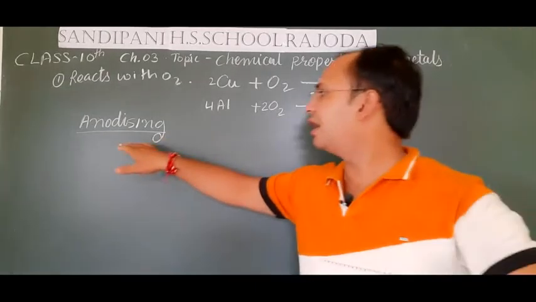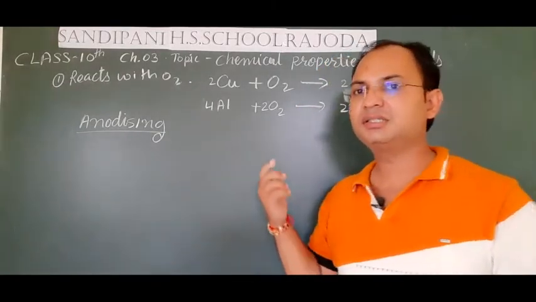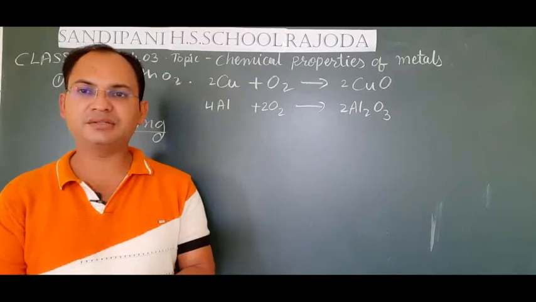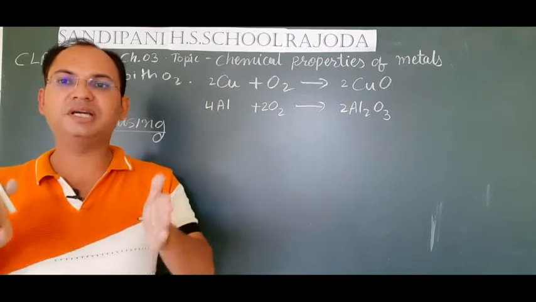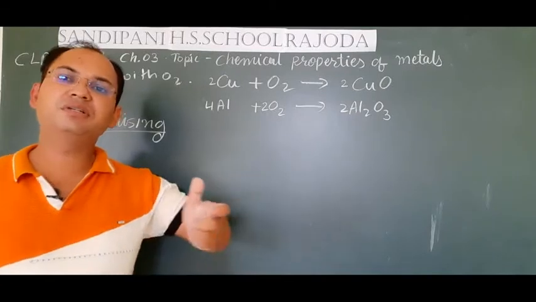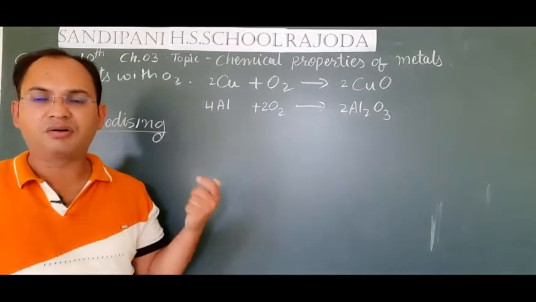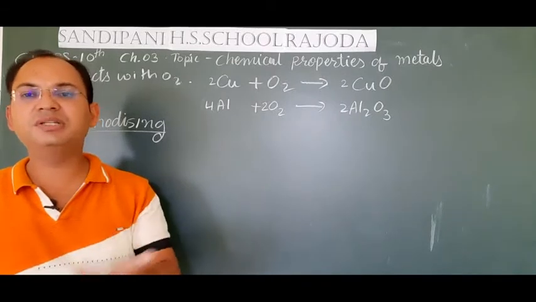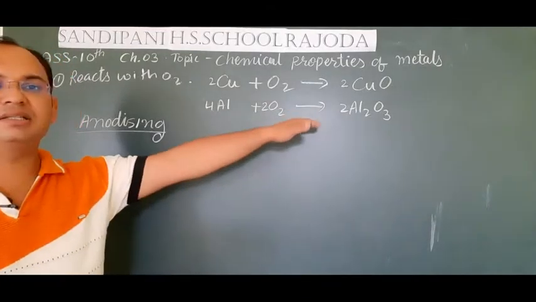So students, in the anodizing process, the aluminium article is electrolyzed with the help of sulfuric acid, that is H2SO4, and the aluminium article is placed at the place of the anode, and the cathode is made up of some other metal. Whenever electricity is passed through the electrolytic solution, oxygen is liberated at the surface of the aluminium, which reacts with the aluminium surface itself and makes aluminium oxide, that is Al2O3.